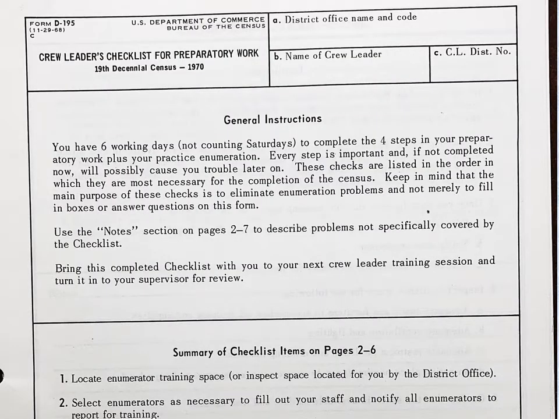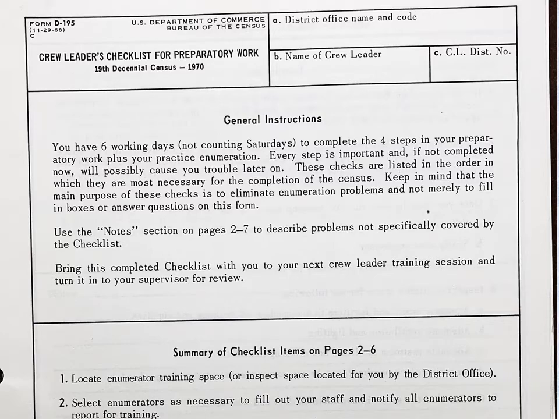And here is the first page, the name of the crew leader, etc. If you go to the bottom, you see that the crew leader even had to locate training space for training the enumerators and maybe even select the enumerators as well. So they would have to go out and find a place that would have training. Presumably it would be free.